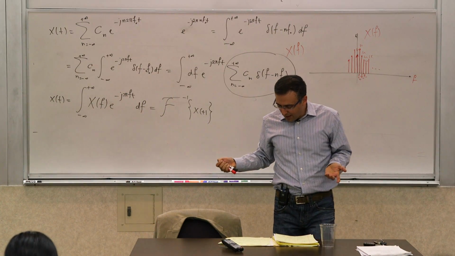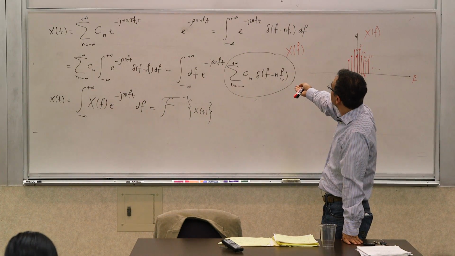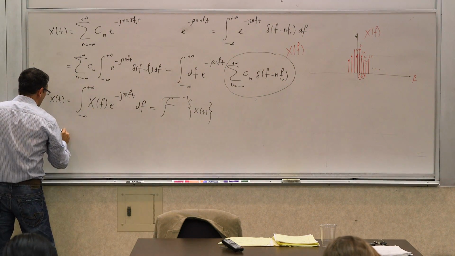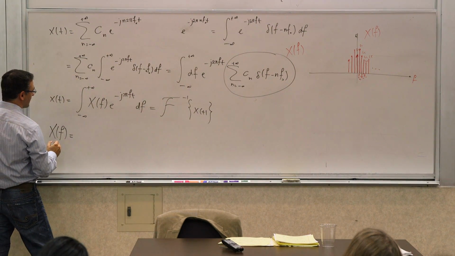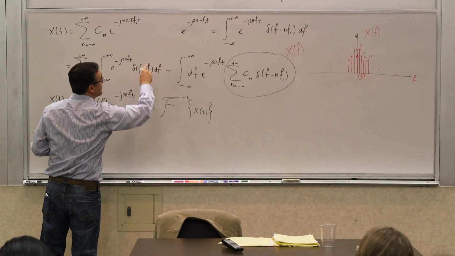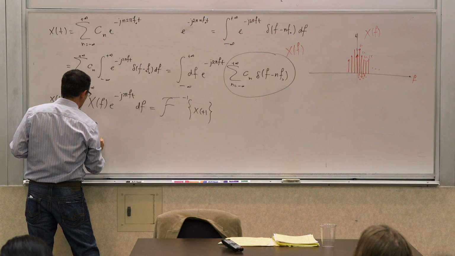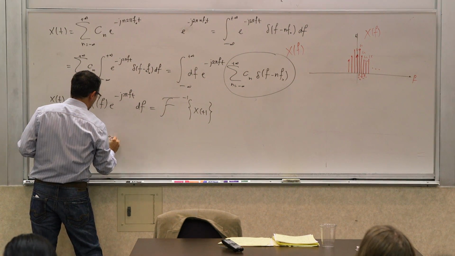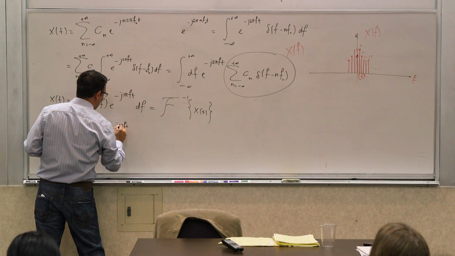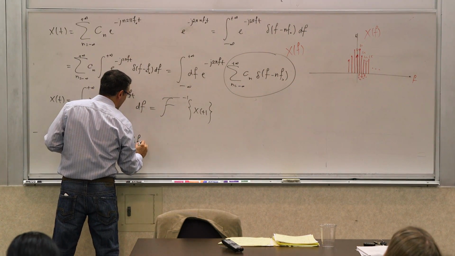The interesting thing is that you can easily show that X of f is also, as you can see in that term, Cn is going to be the integral of x of t e to the negative j 2 pi f t dt.